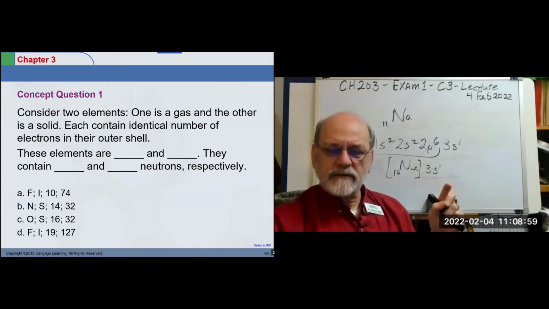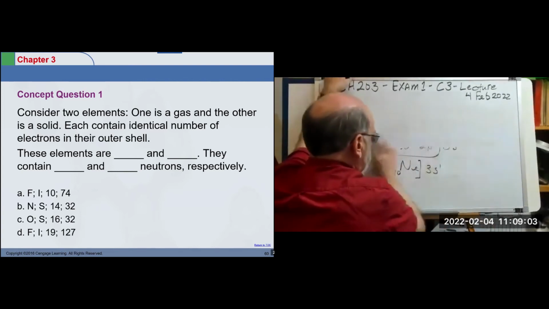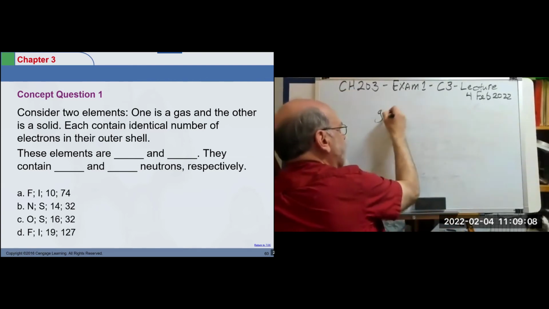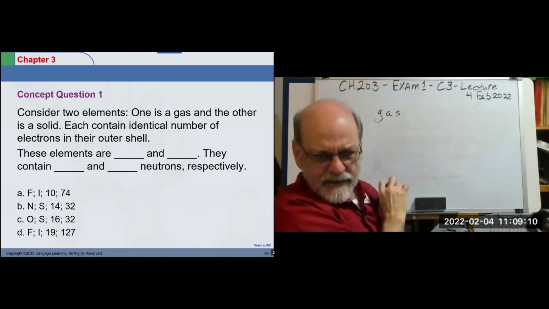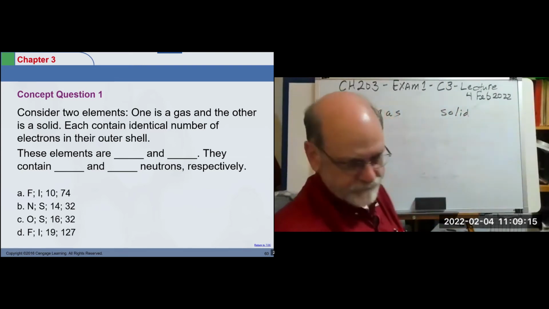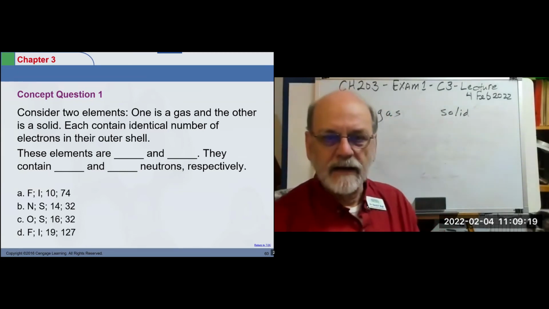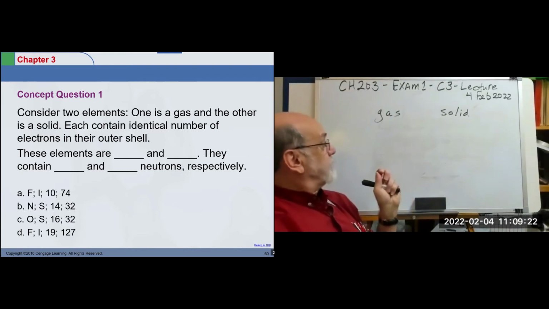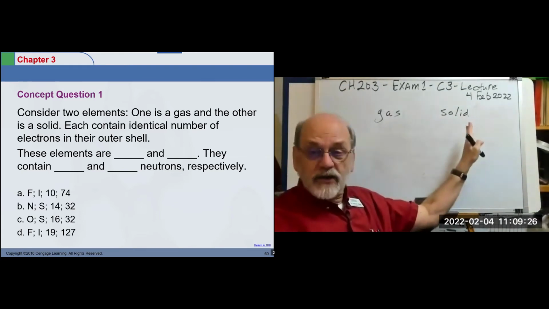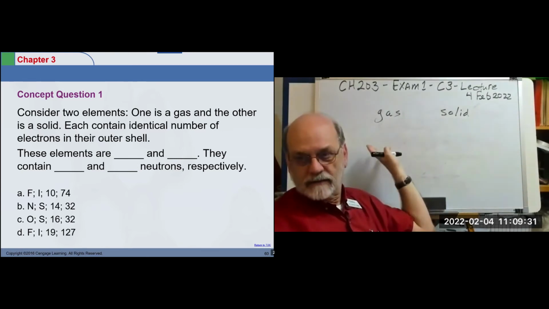Consider 2 elements. One is a gas, and the other's a solid. So they could both be nonmetals, or the solid could be a metal and the gas could be a nonmetal. That's a possibility.